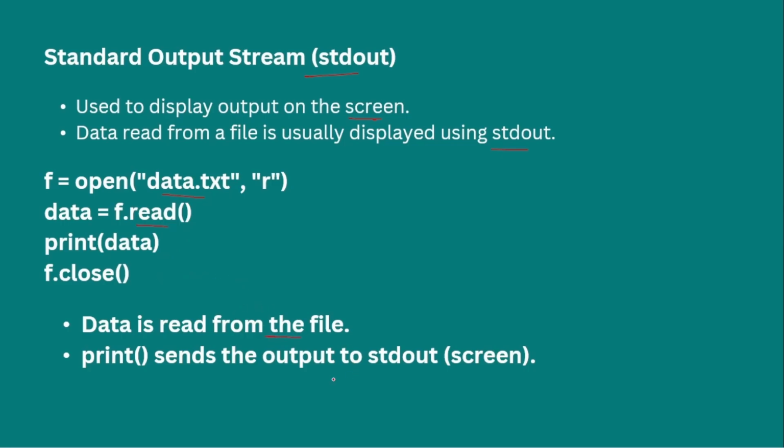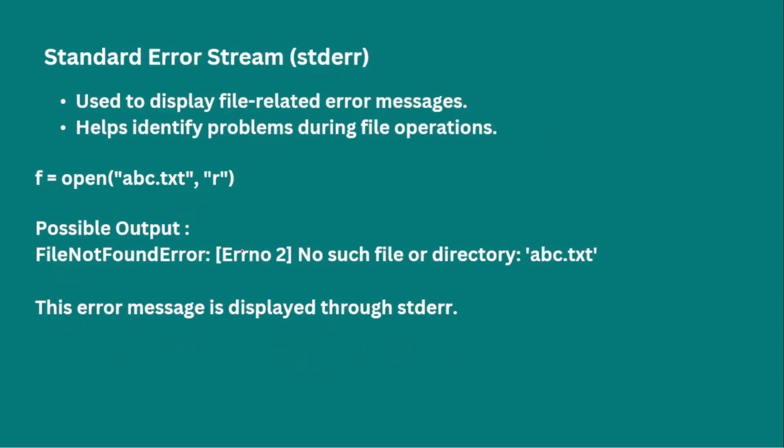Print sends the output to standard out, the screen. So what is happening here? We opened this data.txt file in read mode, and then we are reading that file, and then we are printing the data. When we are printing the data, print will send the output to standard output, to the screen, and then we are closing the file. So this is how standard output stream works.